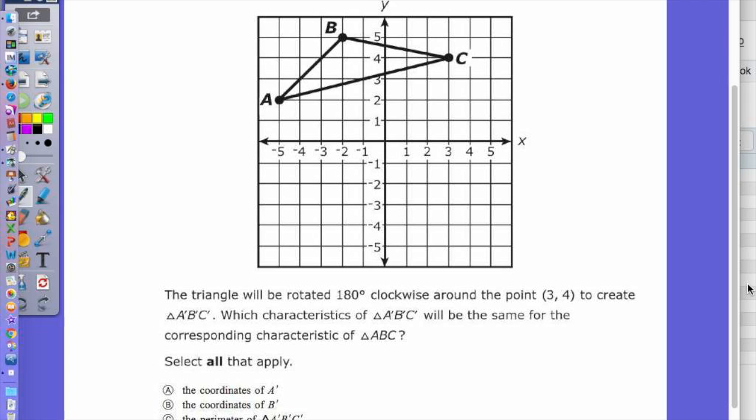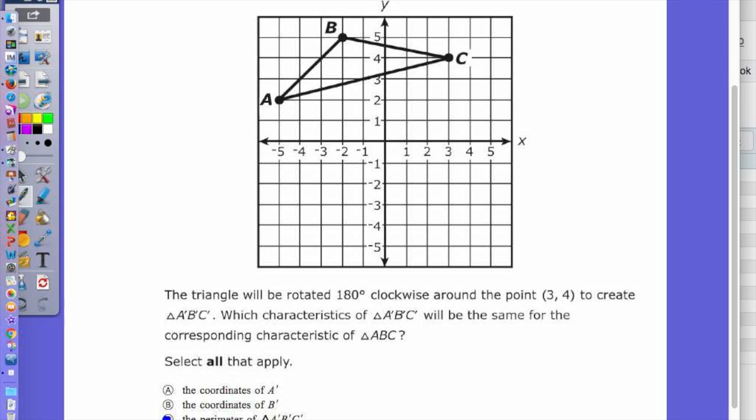know how to rotate around a point other than 0, 0. You didn't learn rules for it. We're not doing it right now. Okay? But you should know that when you do any rotation, it's an isometry, meaning it's still congruent. So the perimeter and the area of the new figure won't change. The measure of angle B compared to the measure of angle B prime won't change.